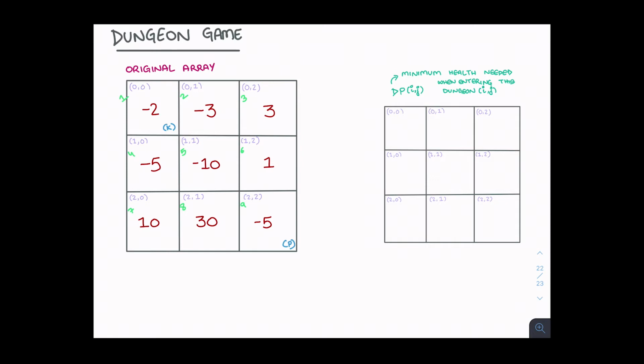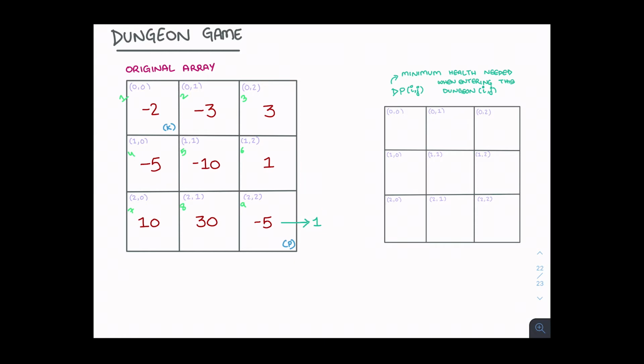So let's say that once we fought with this demon, the target health that we have is going to be 1, because 1 is the minimum possible health that will keep us alive. And what we need to calculate now is the initial health that you will enter the dungeon with before this fight, so that once you subtract the health points lost during the fight, you are left with what your target value was, right?